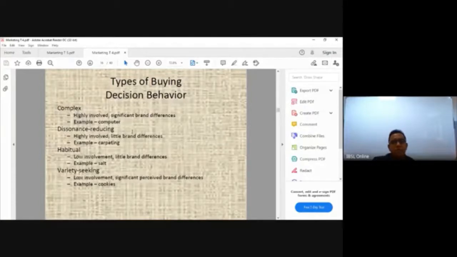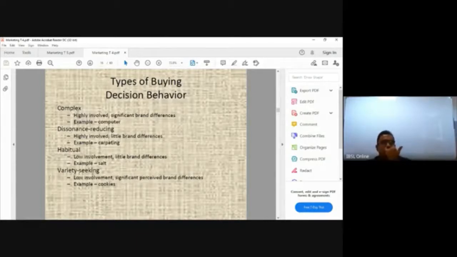When you have already tested a product and had a good post-purchase feeling, you put little emphasis on brand differences, but you still get involved in the decision to make sure you buy the same brand that you have already used and were satisfied with.